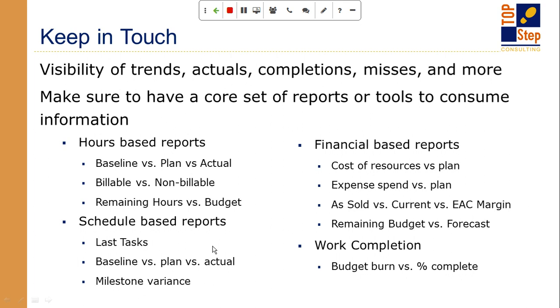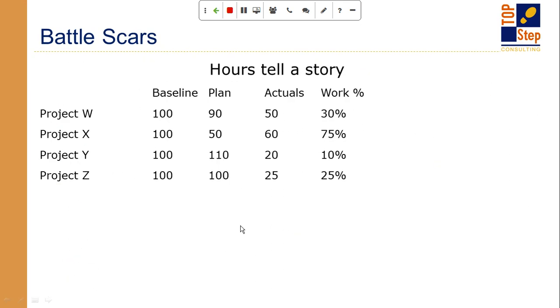So I thought I would take some examples and walk through how the hours reports alone can tell a big story. If we take each of these, like Project W, let's say that we baseline Project W as 100 hours, and we're planning to only deliver 90. So those two numbers alone tell me that I'm not expecting to burn all of the money on this project.